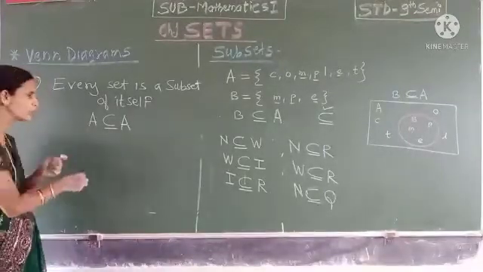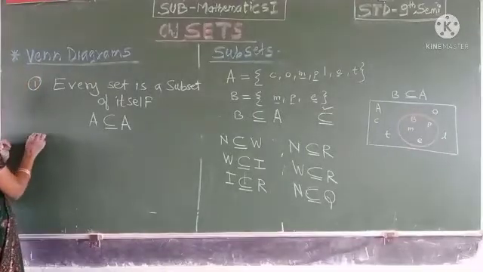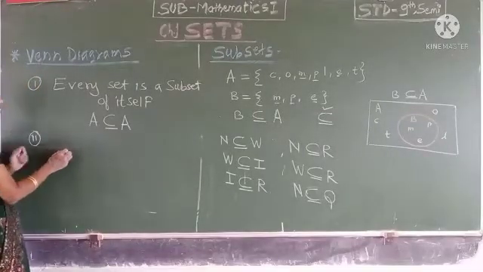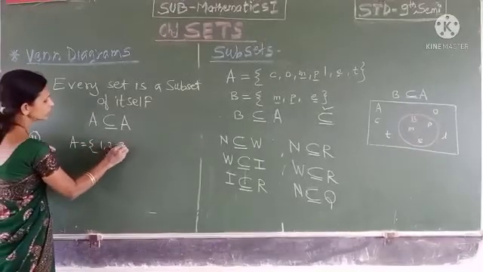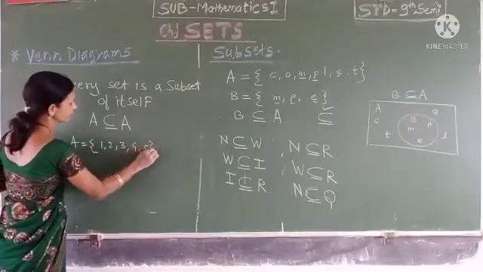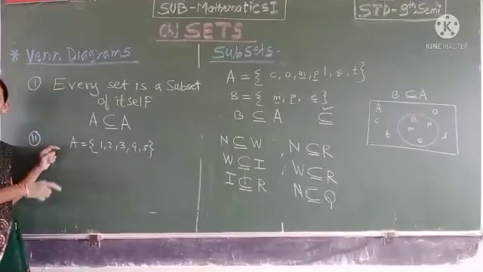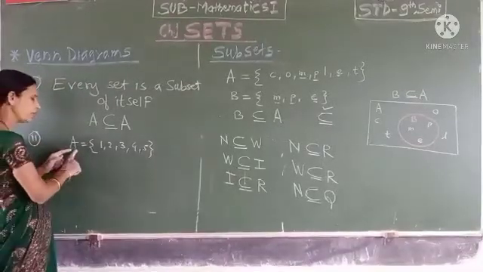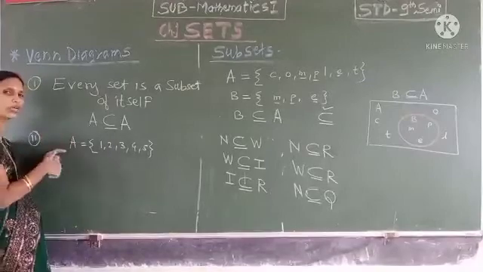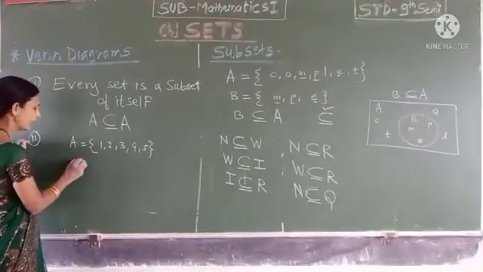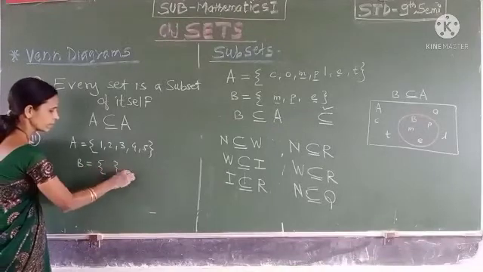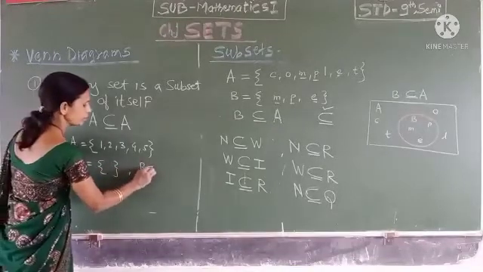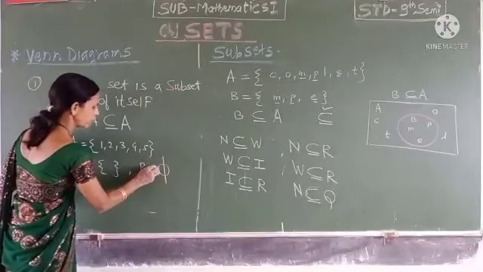Then one more concept, see here, the second property. A is a set of 1, 2, 3, 4, 5. That means it is any set or a universal set. Then B is an empty set.